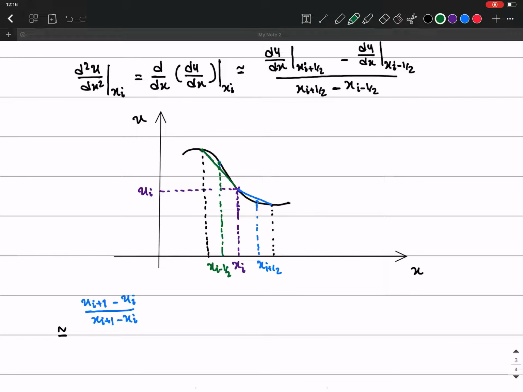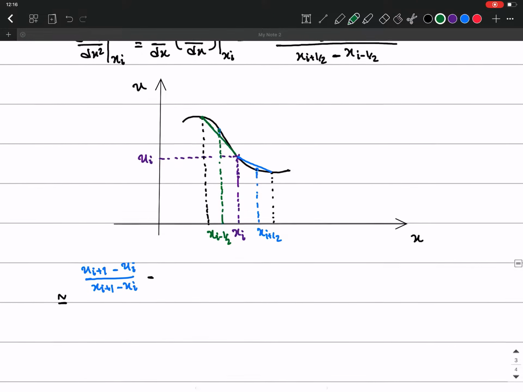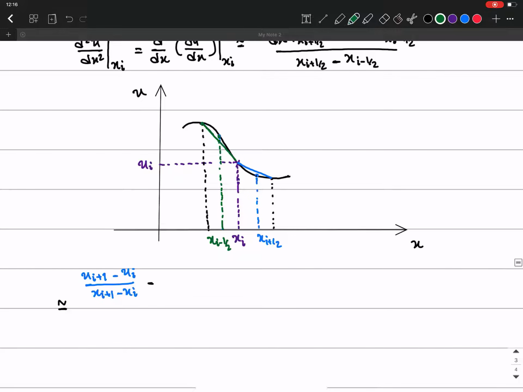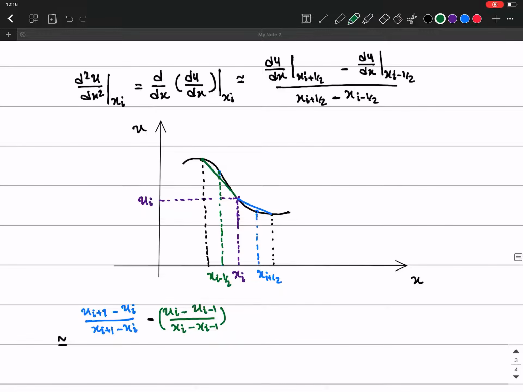So the second one is going to be minus ui minus ui minus 1 over xi minus xi minus 1, the first derivative at xi minus 1/2. Then I divide this by xi plus 1/2 minus xi minus 1/2.